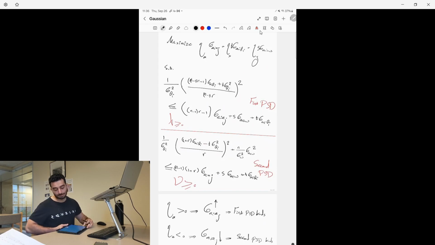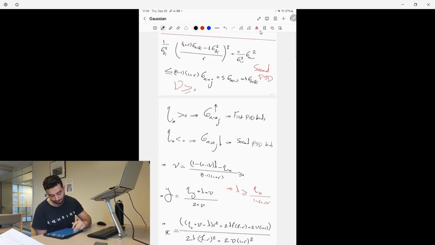X is 1. So the only thing that is left is finding y, because sigma ij we can do the similar thing.